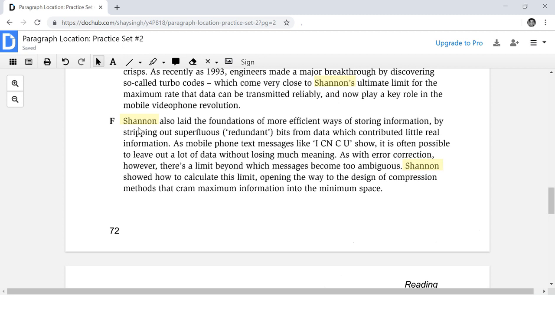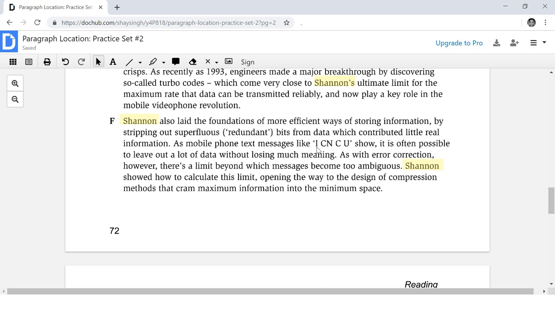Let's go ahead and read this sentence just to confirm. Shannon also laid the foundations of more efficient ways of storing information by stripping out superfluous or redundant bits from data which contributed little real information. As mobile phone text messages like "I can see you" show, it is often possible to leave out a lot of data without losing much meaning.